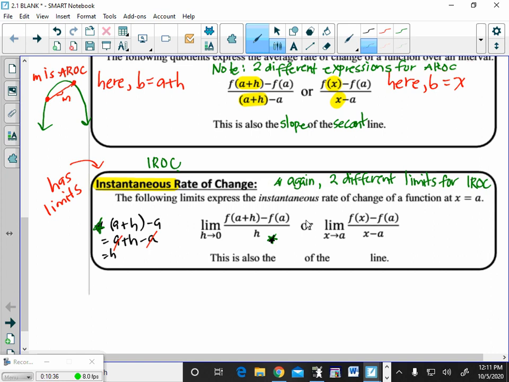Okay? So these are limits. So as h gets close to 0, this limit will give us the instantaneous rate of change. As x approaches a, do you see? If x gets close to a and the distance between x and a is h, if h is getting close to 0. So as x approaches a, h approaches 0.